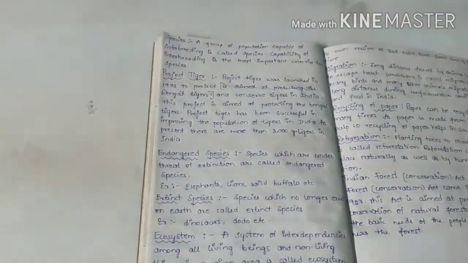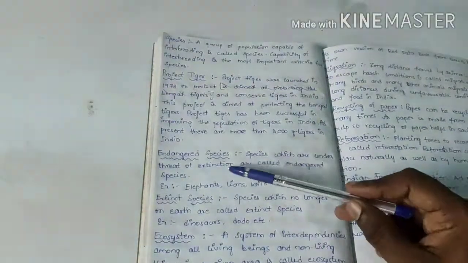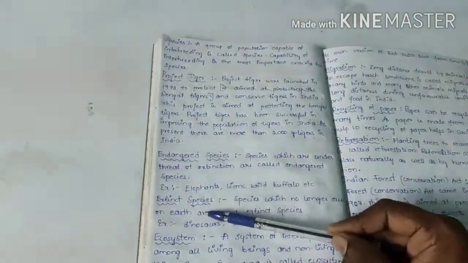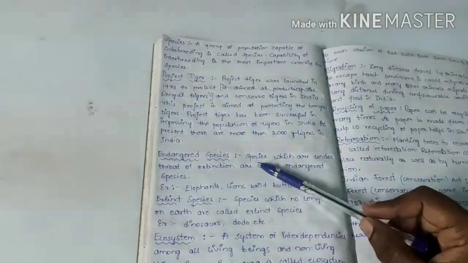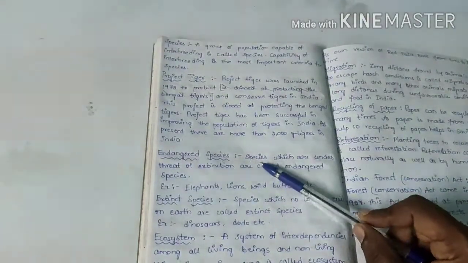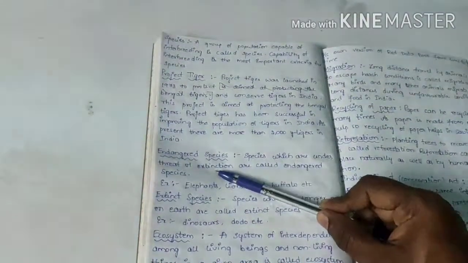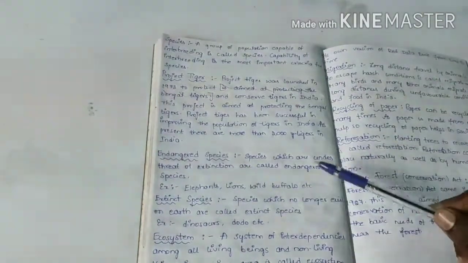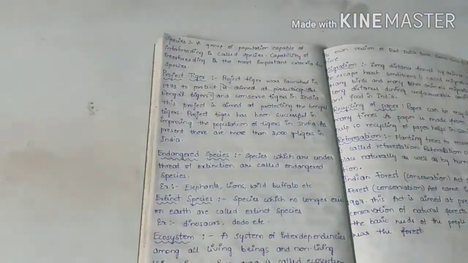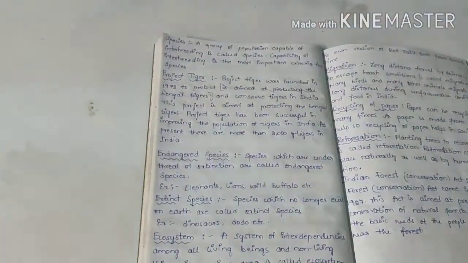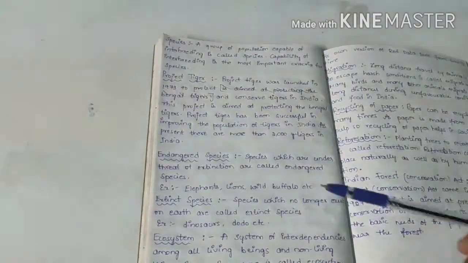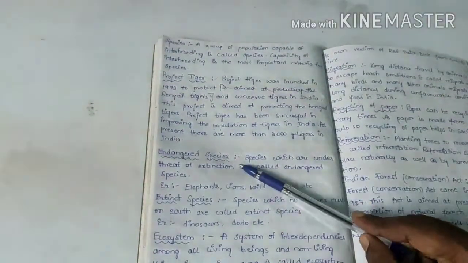See, you carefully observe the difference between endangered species and extinct species. Endangered species are species which are under threat of extinction. That means still they are present on this earth, but they are facing extinction. Such species are known as endangered species.